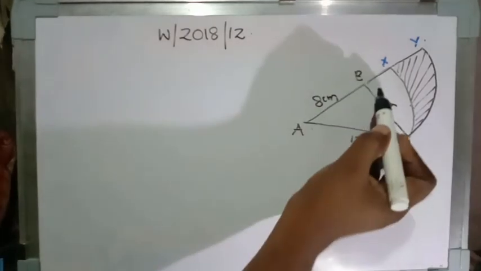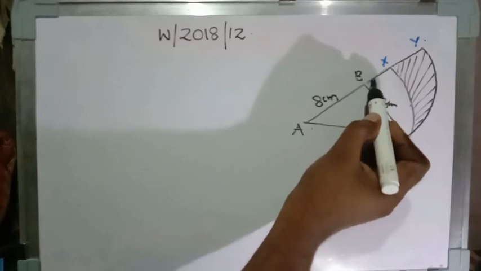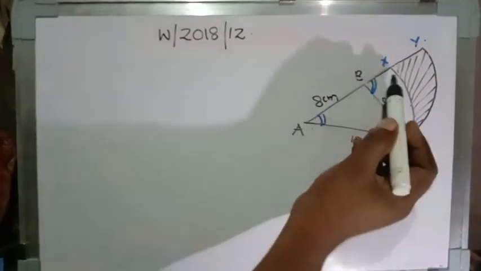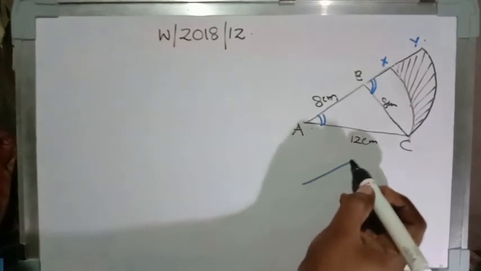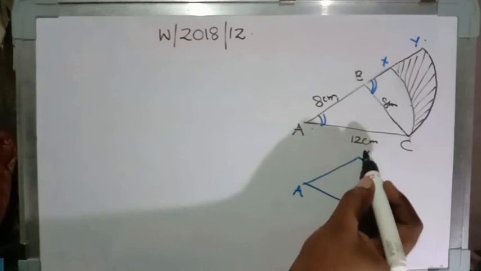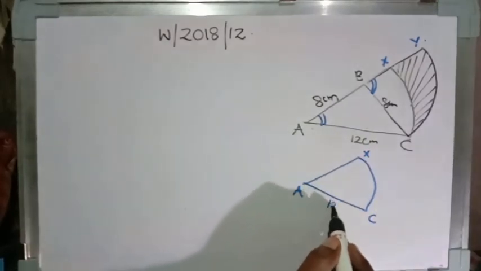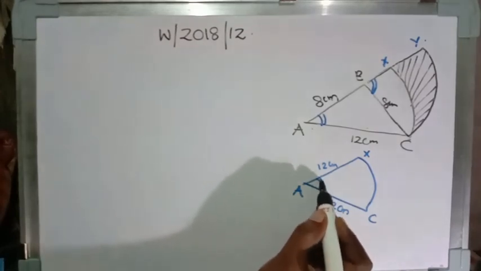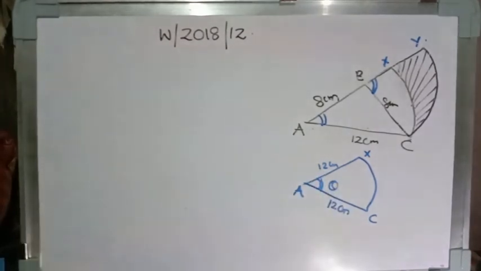That means find angle BYC and angle BAC, because when you take this sector AXC, the radius is 12 centimeter and this is our angle theta, and we do not know what that angle is. So our task is to find out that angle.